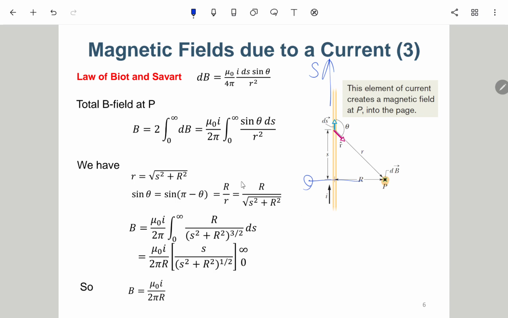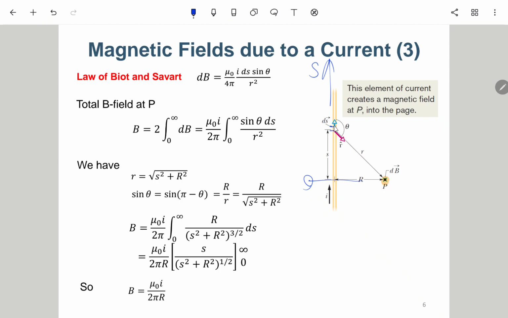Here we try to find the expression for r. This is the origin, and this is the point we are concerned with, and for example we consider a segment here, which is ds.